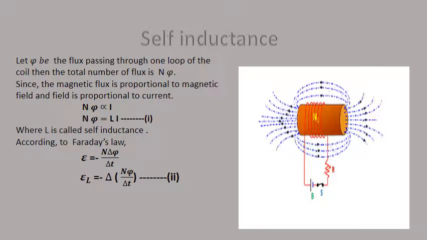When this switch is closed, current flows in that circuit. Whenever there is current flowing in any loop, there is a magnetic field around that circuit.